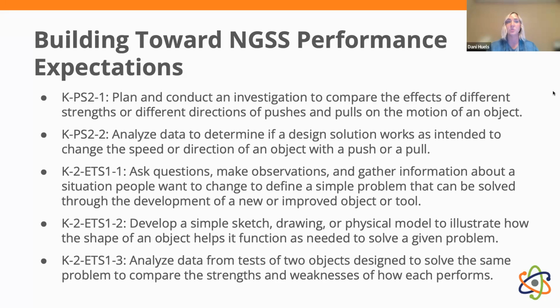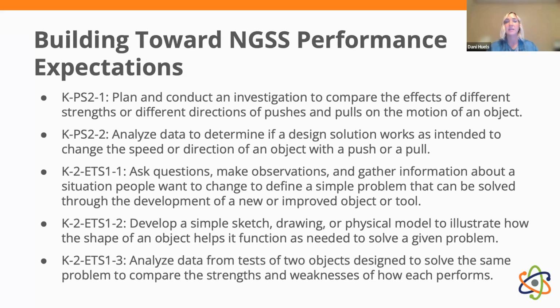K-PS2-1, which is plan and conduct an investigation to compare the effects of different strengths or different directions of pushes and pulls on the motion of an object. And then the second one is K-PS2-2, which is analyze data to determine if a design solution works as intended to change the speed or direction of an object with a push or pull.